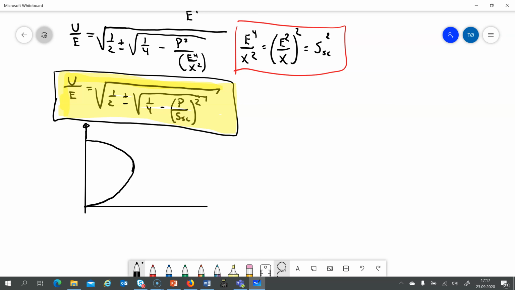Nose curve. Here we have U divided by E. Here we have P divided by S, short circuit, like this.